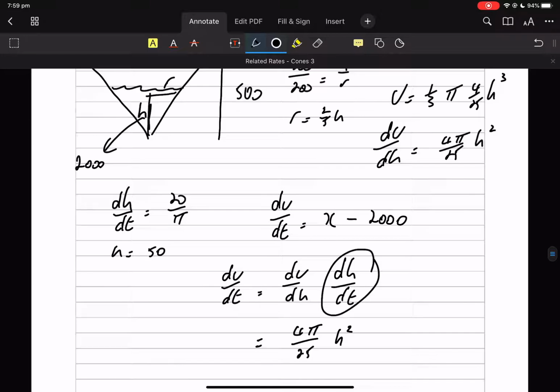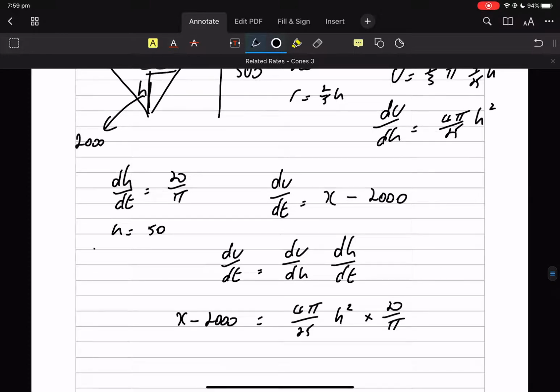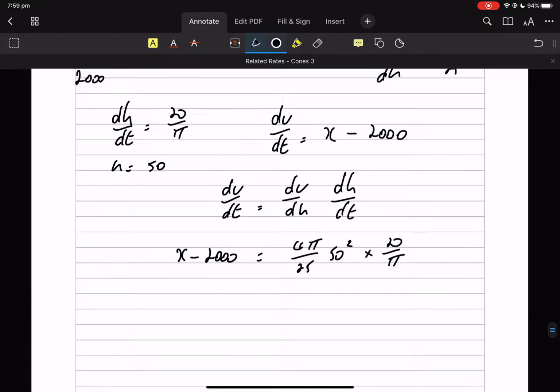We've got dh/dt at 20 on pi, dV/dt, and we know that dh/dt happens at h equals 50. So let's make that h 50. Let's just use a calculator.